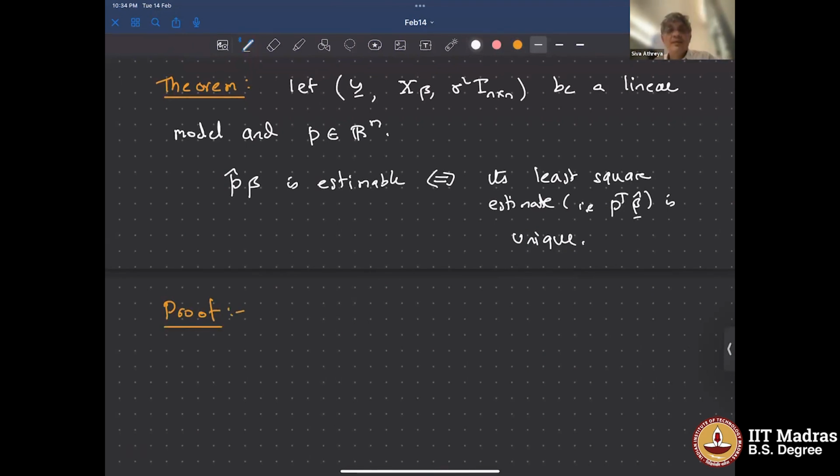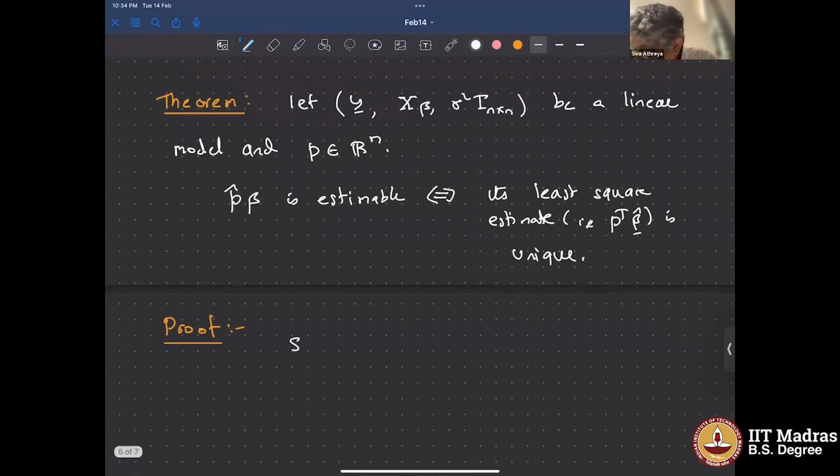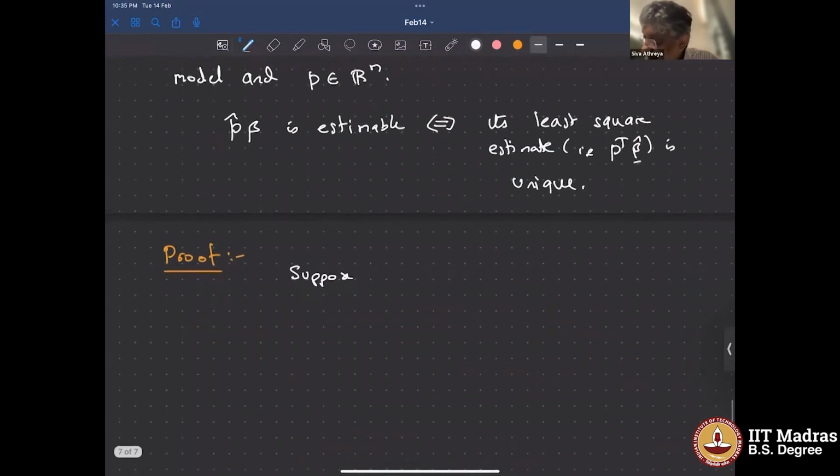Okay, very good. Now suppose, let's do the only if part. Let's suppose P transpose beta is estimable.